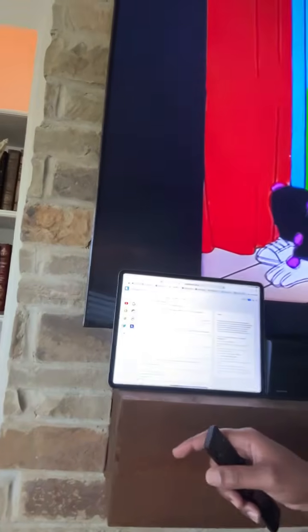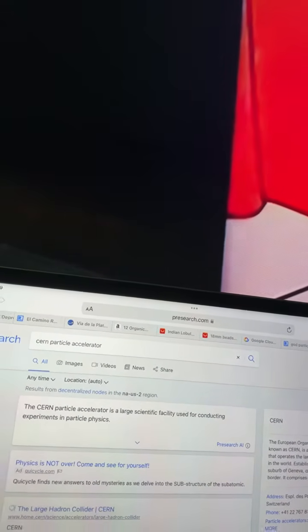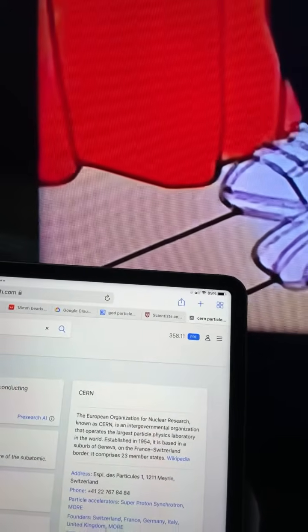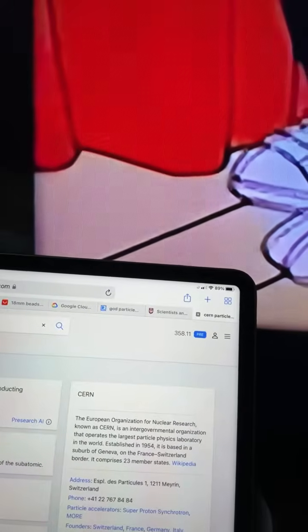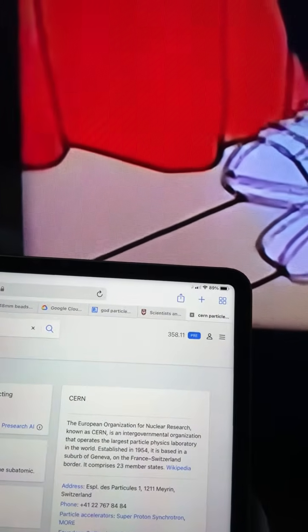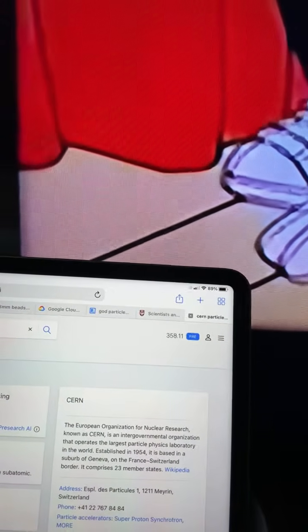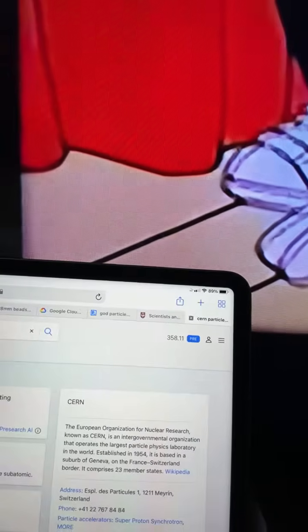Let's go further. It says the CERN particle accelerator is a large scientific facility used for conducting experiments in particle physics. It says the European Organization for Nuclear Research, known as CERN, is an intergovernmental organization that operates the largest particle physics laboratory in the world.